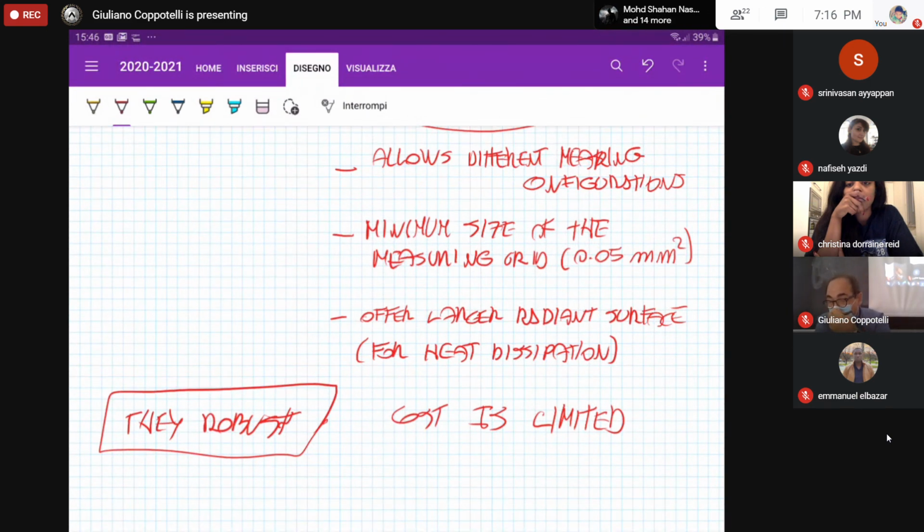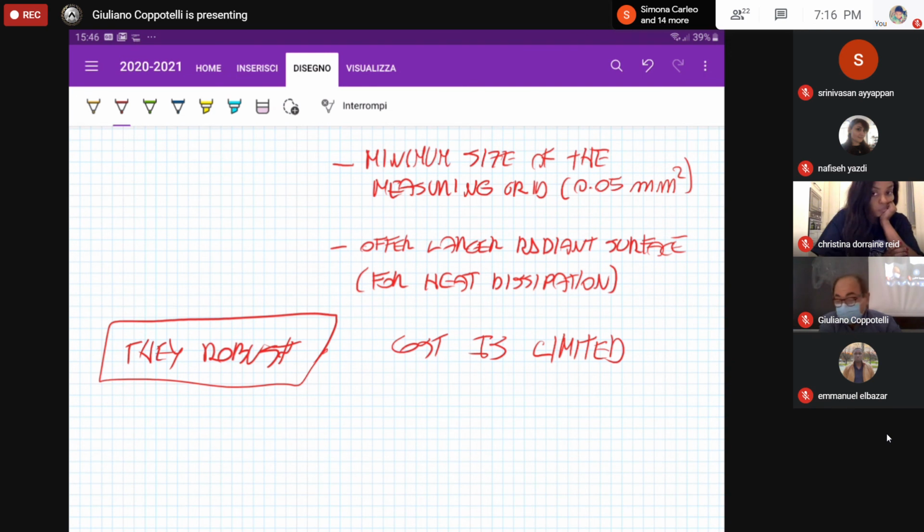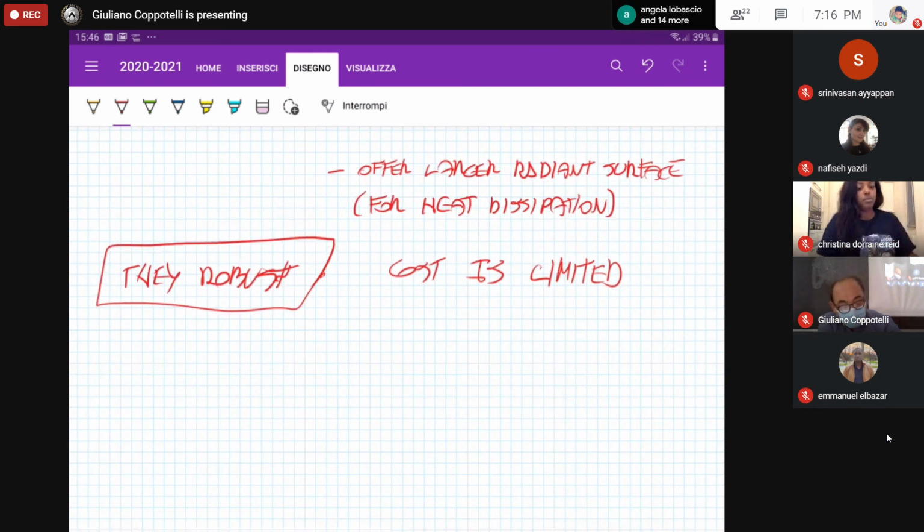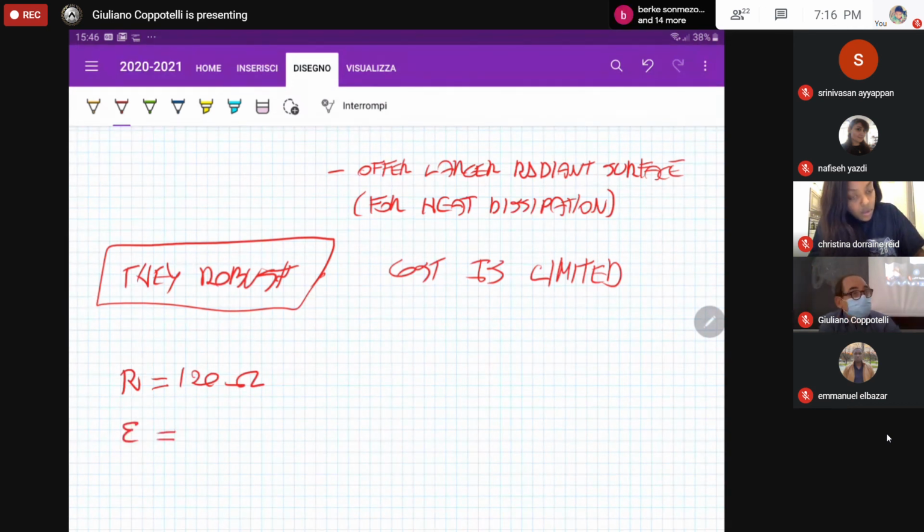Okay, having said that, I just want to make this calculation and then I close the class. Let's assume the base resistance is typically 120 ohms. Let's assume that we'd like to measure a strain of about 100 microstrain, and that our strain gauge is characterized by a strain gauge factor K equal to 2.